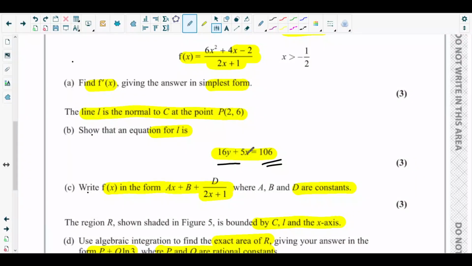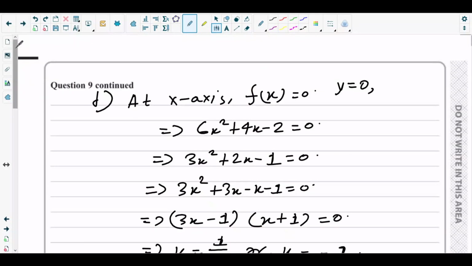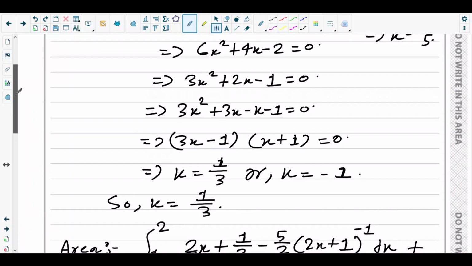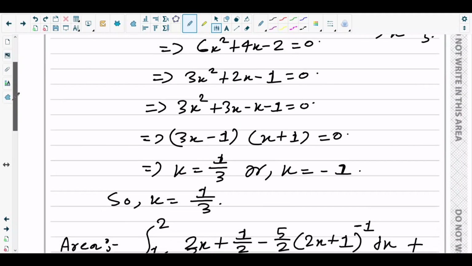If you put y equals 0, you will get 5x equals 106. So the value for x would be 106 over 5. We got the x coordinate where the line, the normal L, is intersecting the x-axis.